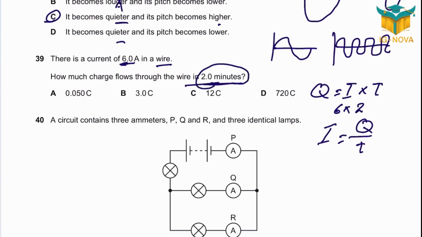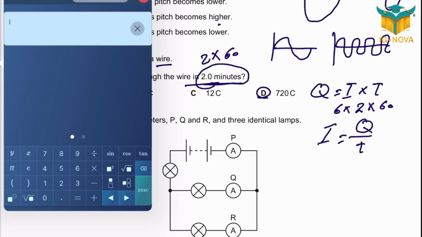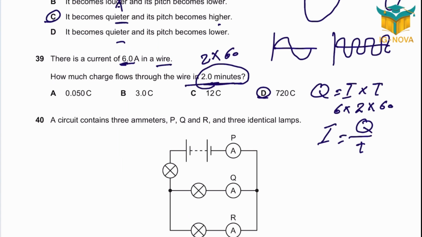These 2 minutes must be 2 times 60 to convert it into seconds. It will be 720 coulombs. Let's check. 6 times 2 times 60. It will be 720. Easy.